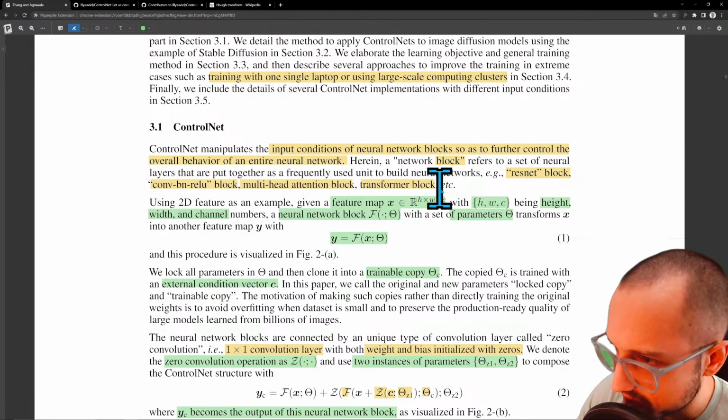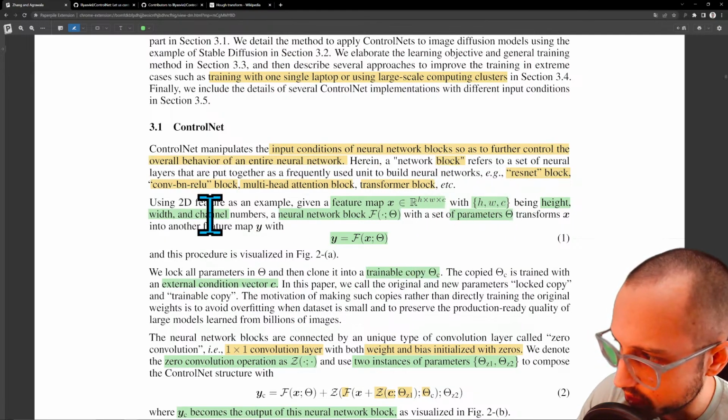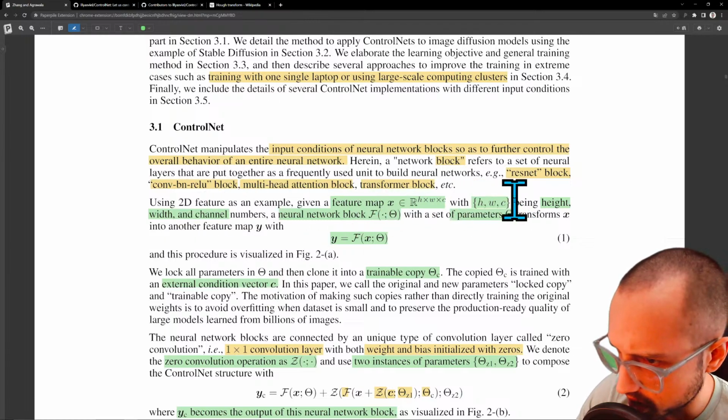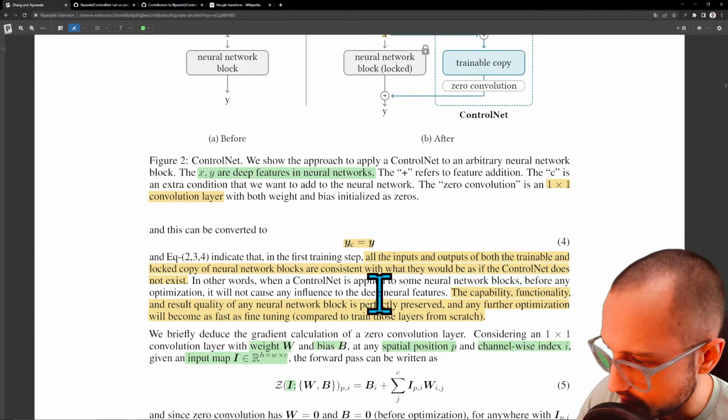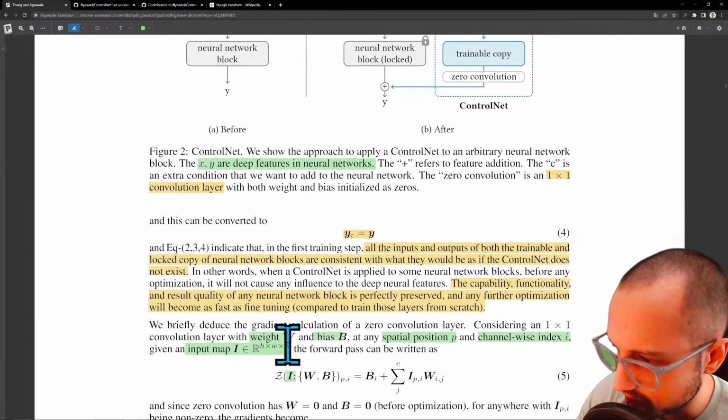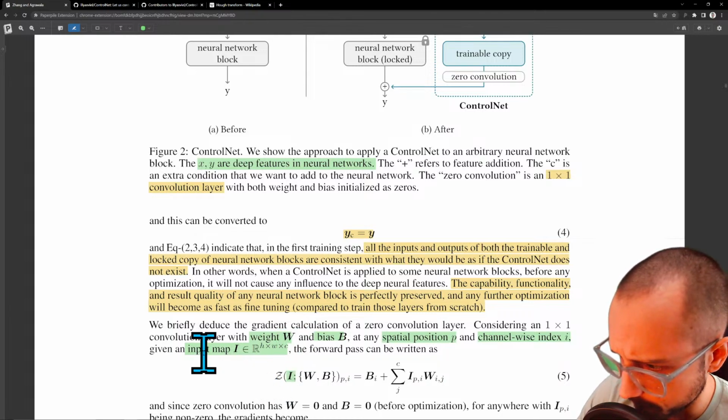C is being used as both the variable for the channels and the variable for the condition vector. A little unfortunate that they're using the letter C for two different things. But here, the C doesn't refer to the context vector. It refers to the number of channels in the input.